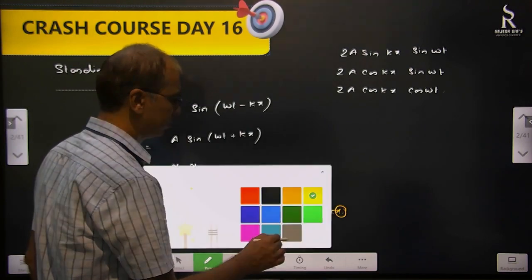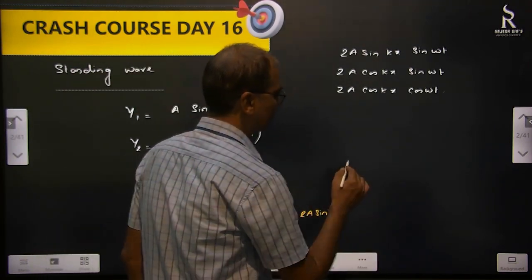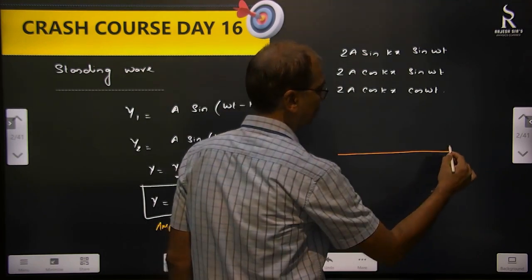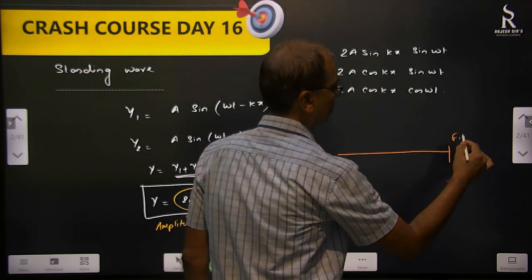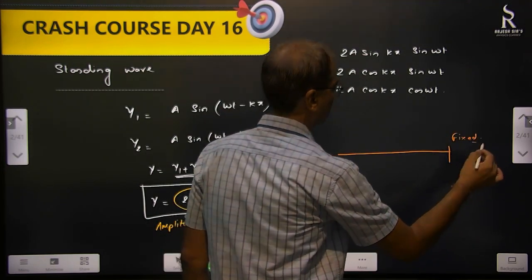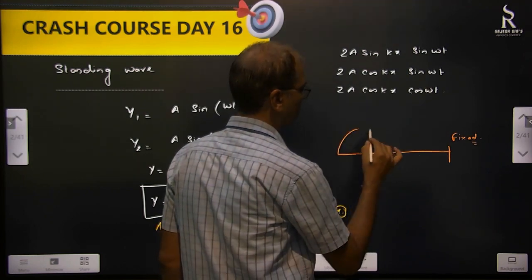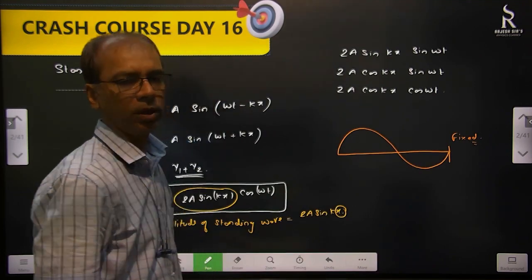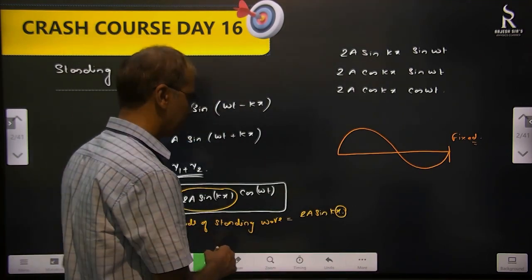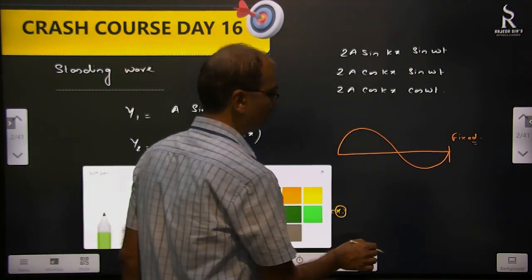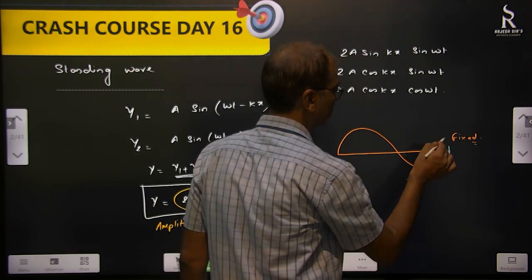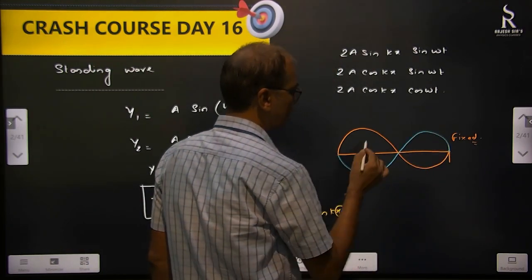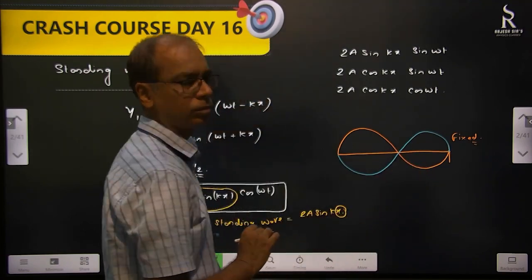How is it? As we said yesterday, suppose this end is fixed here. From here a wave is generated. It goes like this. We know that if it is a fixed end, there will be reflection from here. If you take the reflection, it will come like this. So this is actually a standing wave.